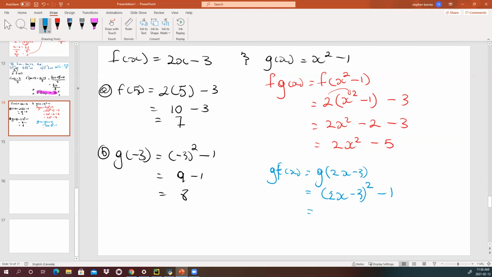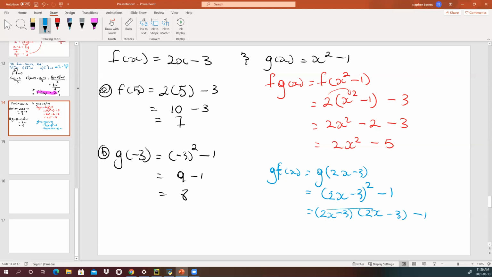Good. So then we would multiply it out. I like to just multiply it out the long way, just in case there's anybody that needs that clarity. Because always remember, anything squared is multiplied by itself.